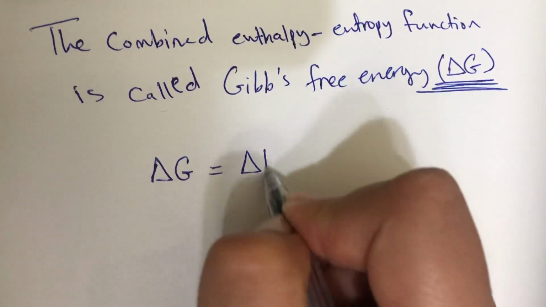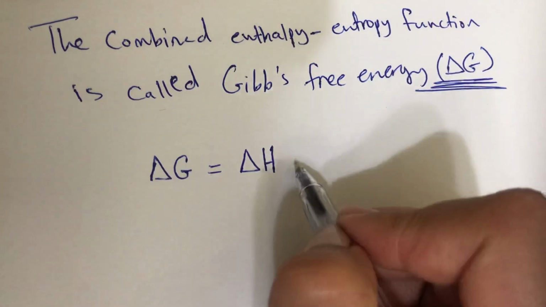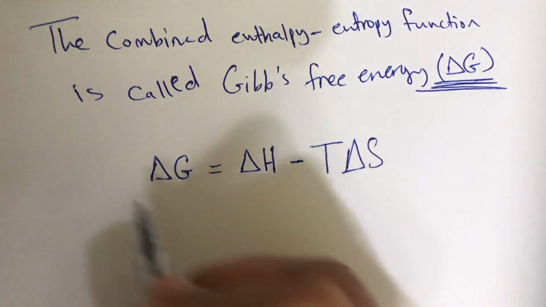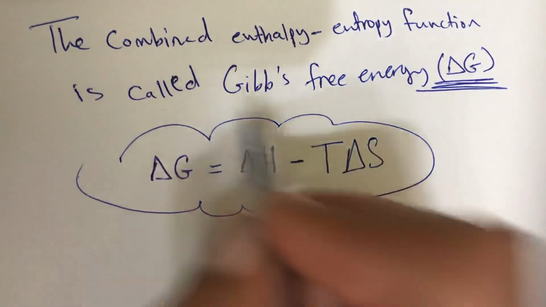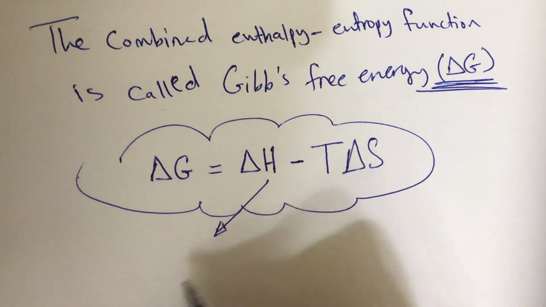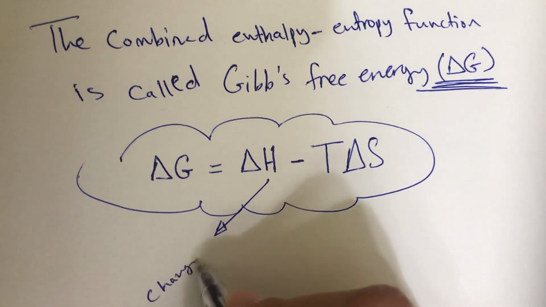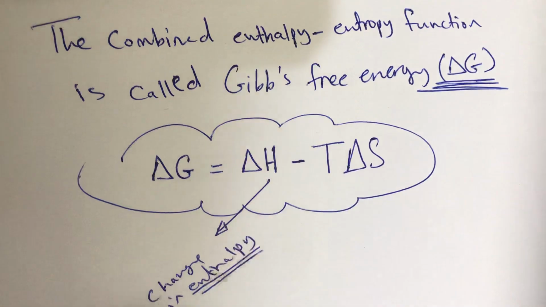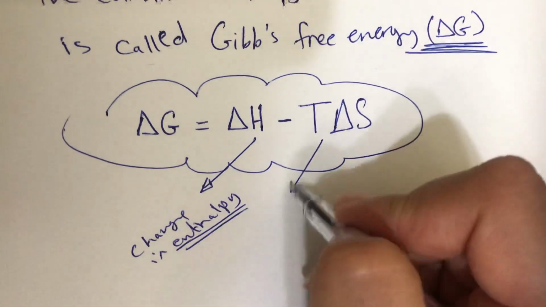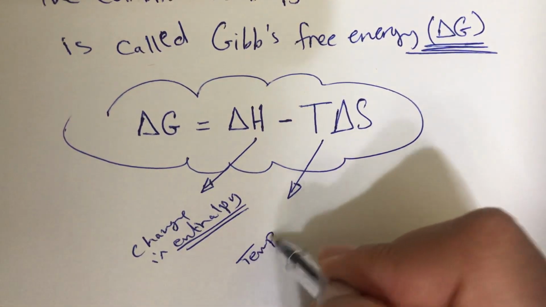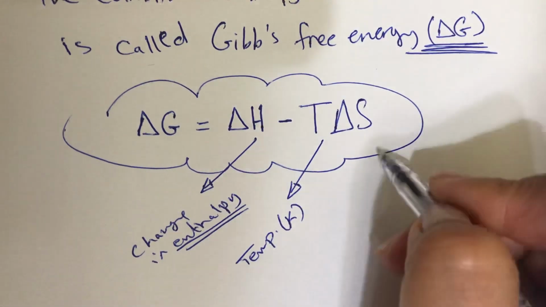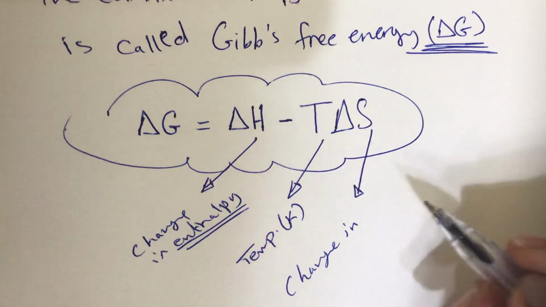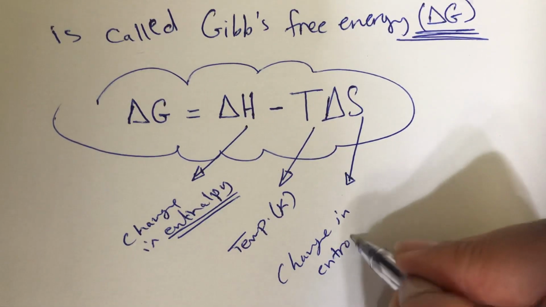It equals the change in enthalpy minus the temperature times the change in entropy. So here, change in enthalpy, and here temperature, which must be in Kelvin, and delta S for the change in entropy.